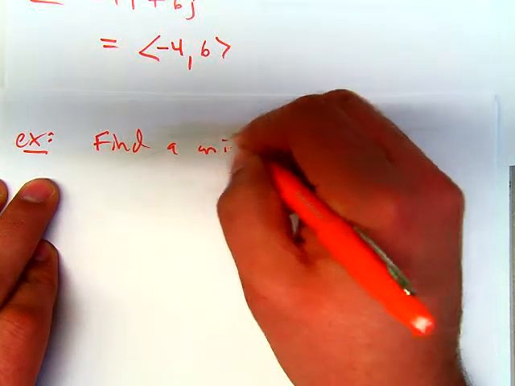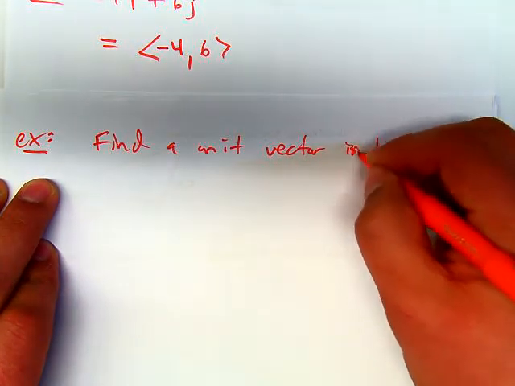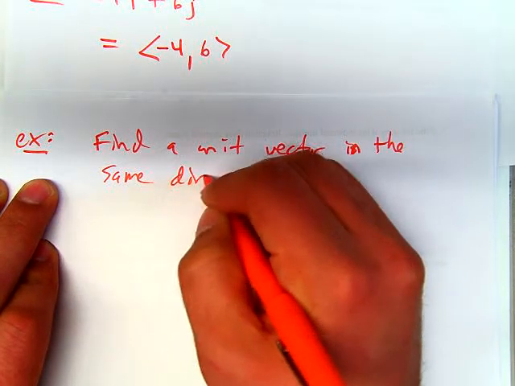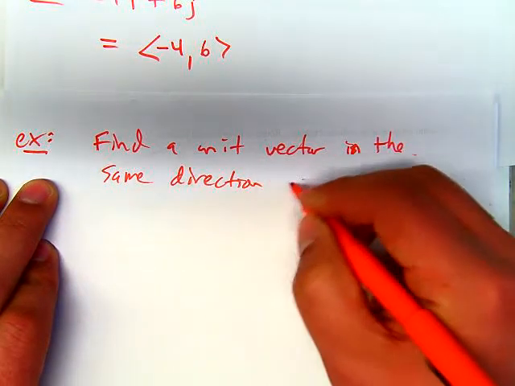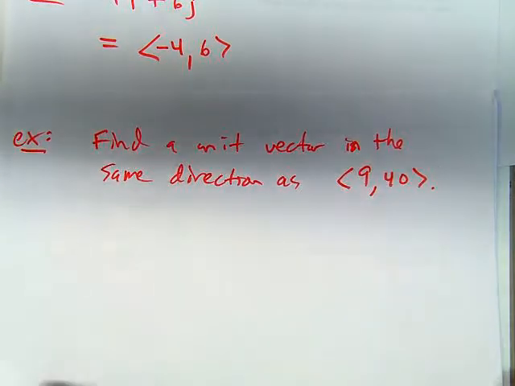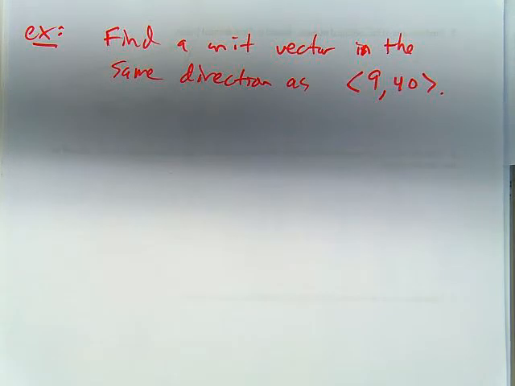Find a unit vector in the same direction as the vector 9, 40. Okay. So let me draw a picture, and then maybe you'll see what the shortcut's going to be.